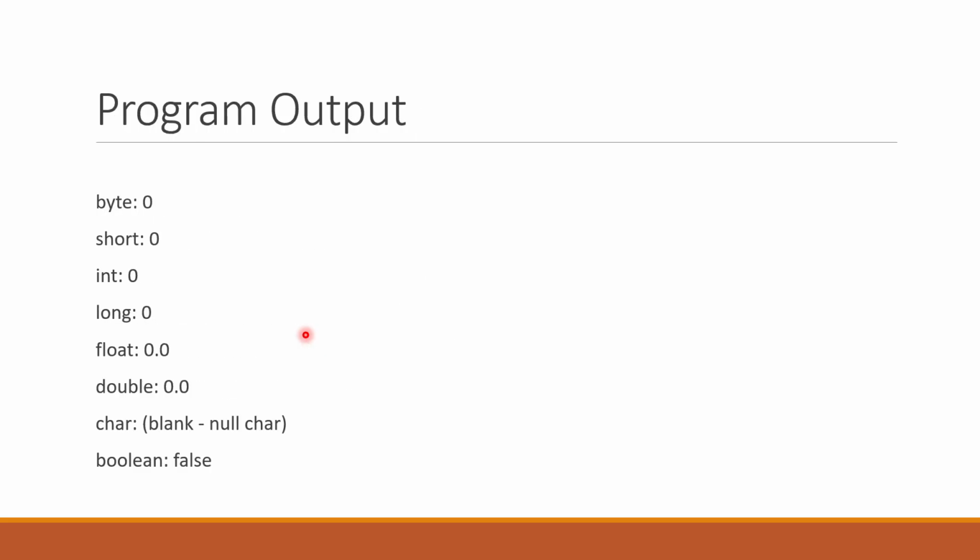And here is the output. You can see byte, short, int, long are all zeros. For float 0.0 and double is 0.0. For character, blank null character. Boolean false.